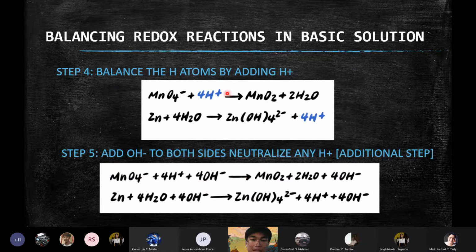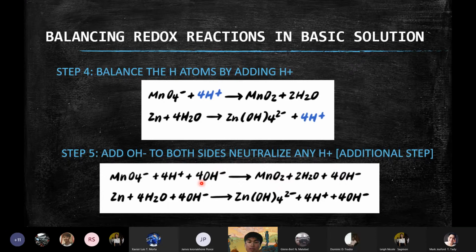Balancing H atoms by adding H plus yielded H plus in the chemical equation now, so we need to neutralize this H plus by adding OH minus. On the reactant side of the first half reaction, we have 4 H plus, so we need to add 4 OH minus in order for this to be neutralized.